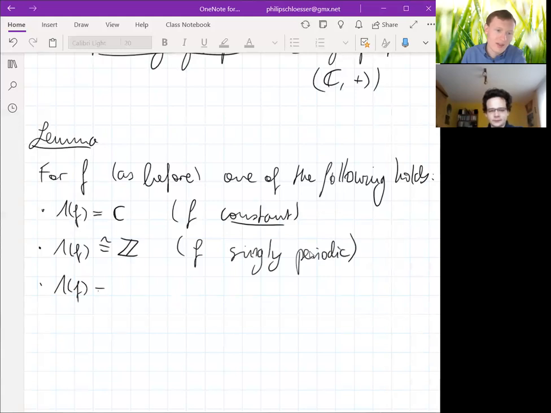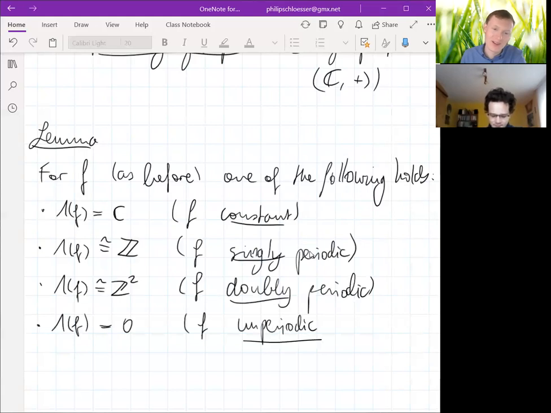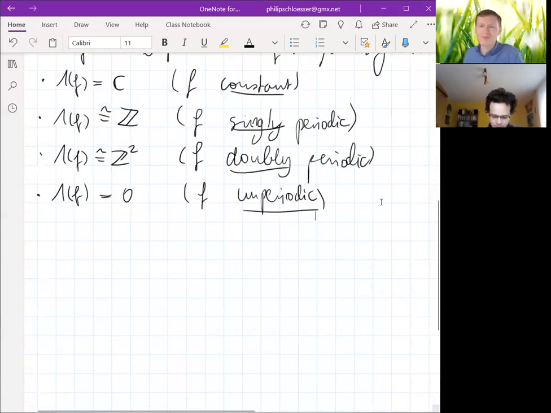Then it can be isomorphic to Z squared. Then we call f doubly periodic. Or it can just be the trivial group, in which case we call f not periodic. Or I don't know if we call it unperiodic, but anyway.